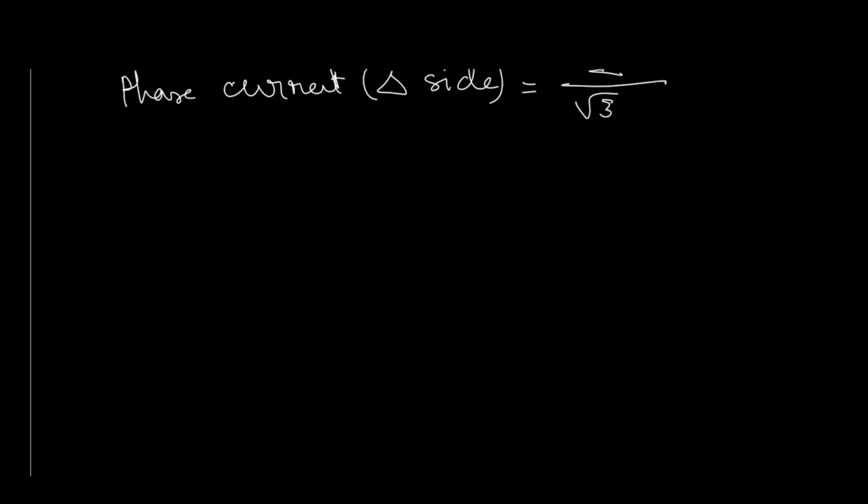Now we have to find out the I second, meaning I dash, that is we are taking out from small a, small b, small c terminals. So small a, small b, small c terminals, they are having VAB, VCA and VBC.